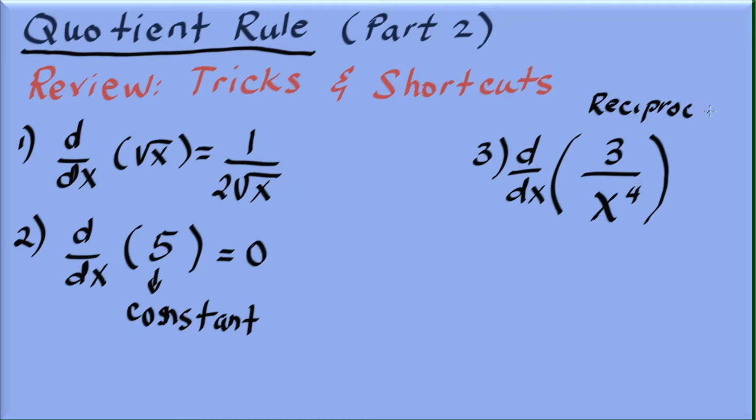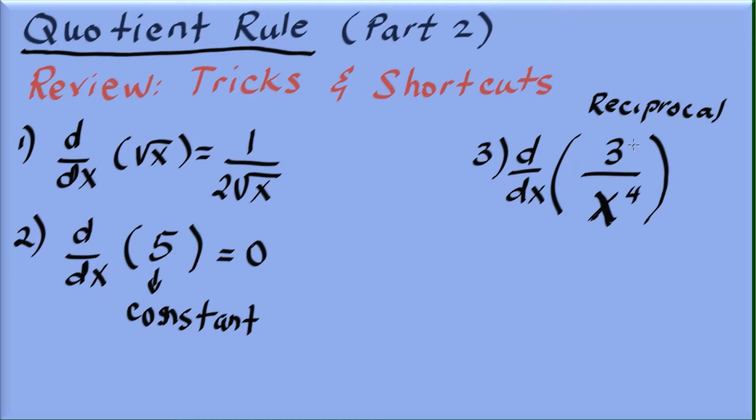Now, this is a quotient rule problem right here because there's a fraction 3 over x to the fourth. So obviously this is a quotient, but if the numerator is constant and your variable x is at the bottom, your denominator, then it's a reciprocal and you can actually bypass the quotient rule, okay?